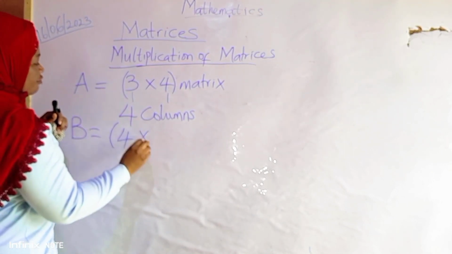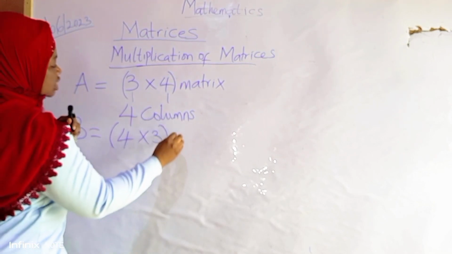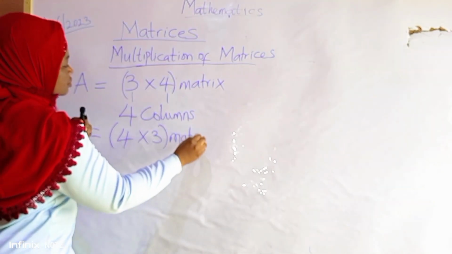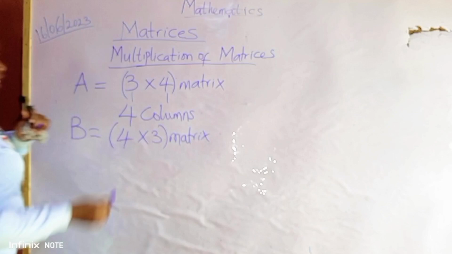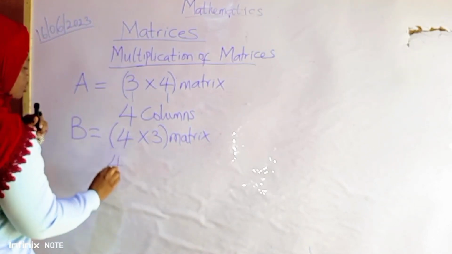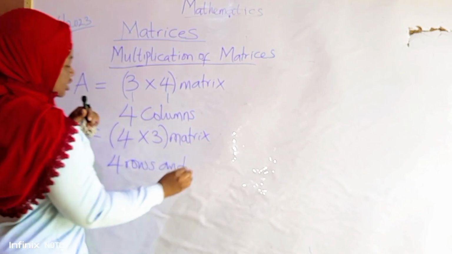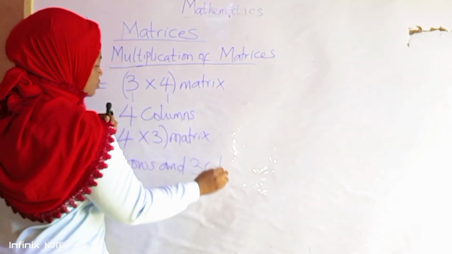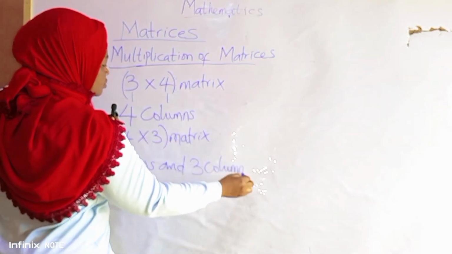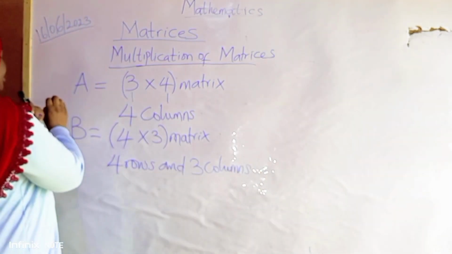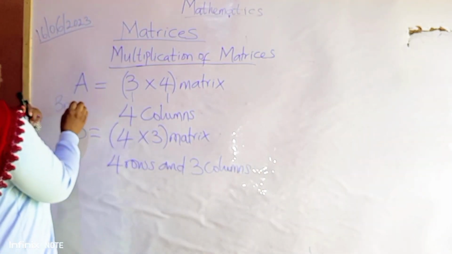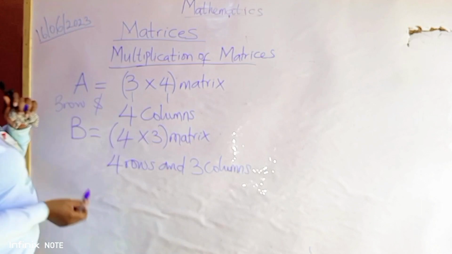So let's say we have a 4 by 3 matrix. Now you can see that this one has 4 rows and 3 columns. This one has 3 rows and 4 columns.